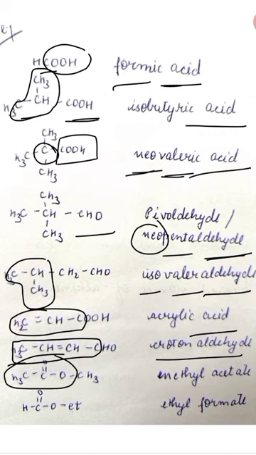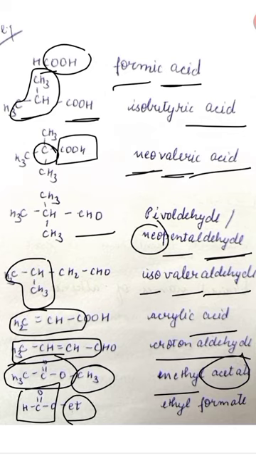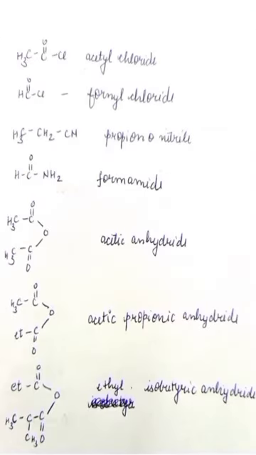Here this is the major group and this is the substituent, so methyl acetate. Acet word is used for 2 carbon. Here this is the substituent and this is the main group, so ethyl formate. I hope this much is clear.